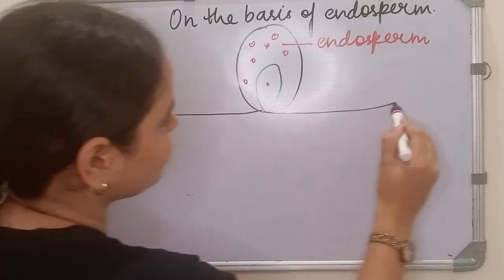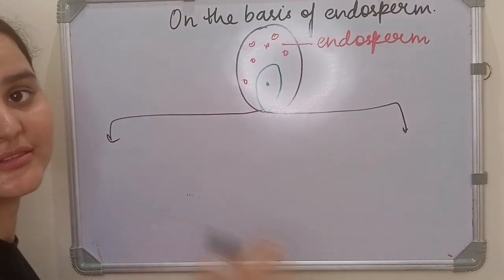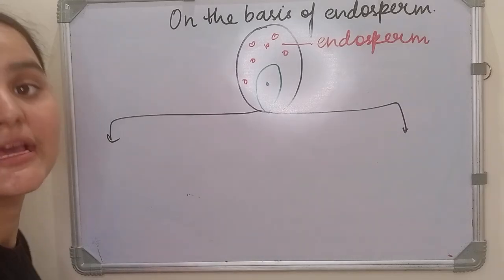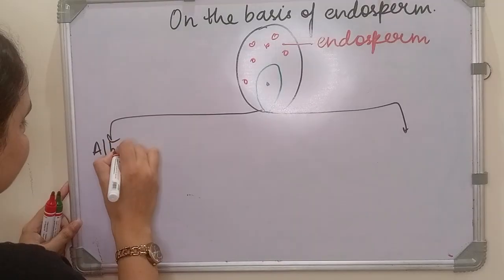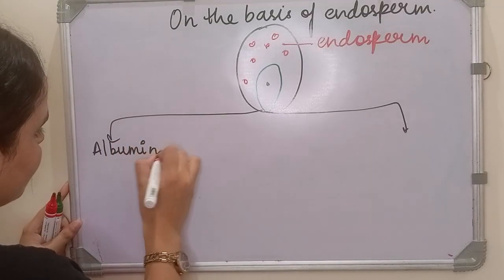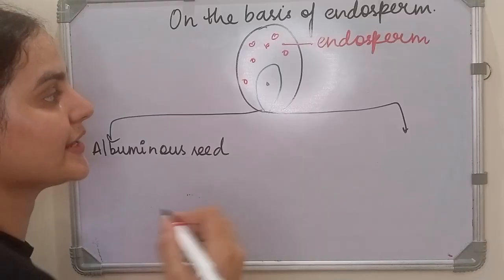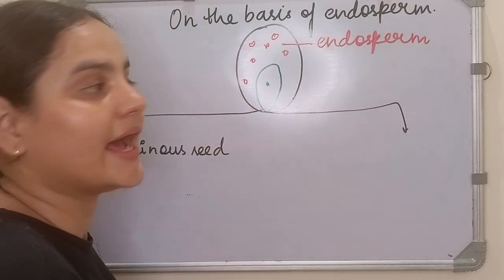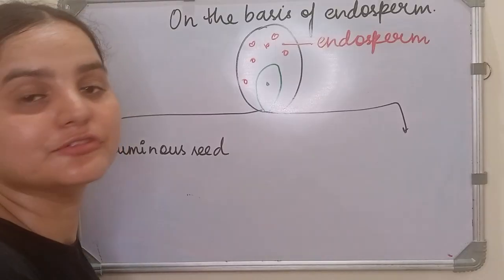Seeds in which this endosperm remains, okay, it persists, are known as albuminous seeds. And seeds in which this endosperm is consumed, and now it is absent, are called ex-albuminous seeds.